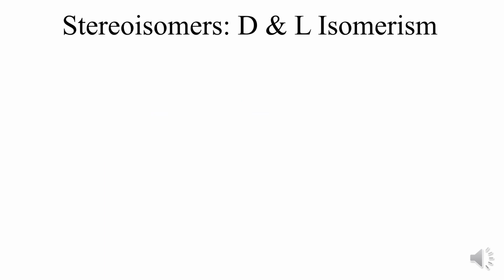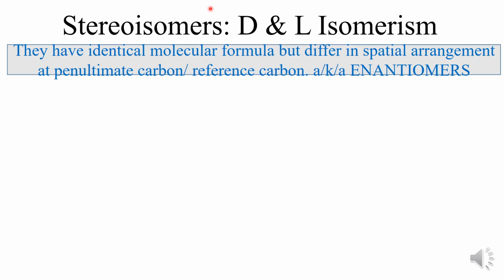Stereoisomers are also known as D and L isomers. They have identical molecular formula but differ in spatial arrangement at the penultimate carbon or the reference carbon. Molecules having this type of arrangement are known as enantiomers.